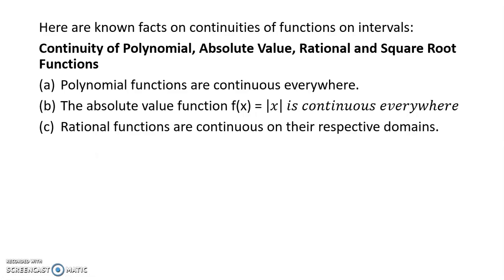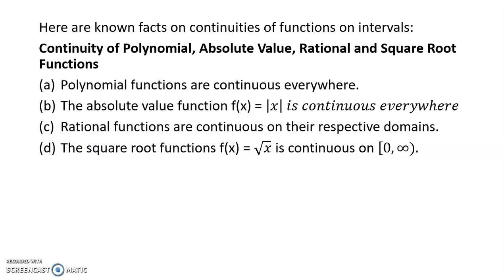Rational functions are continuous on their respective domains. The square root function f of x equals square root of x is continuous on this interval. Pag nakita nyo itong symbol, ibig sabihin yung point, yung 0 is included. Pag ganito naman, close parenthesis, hindi included.